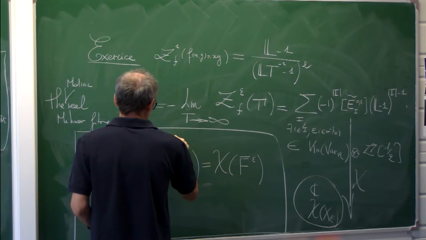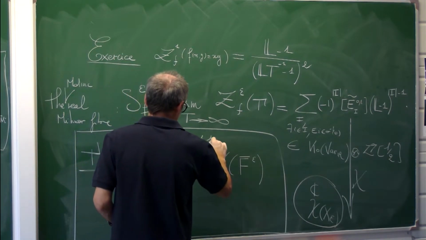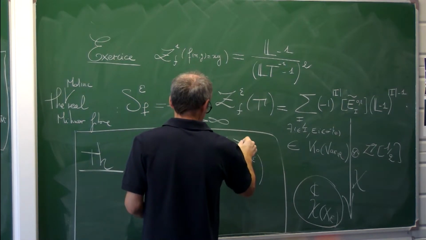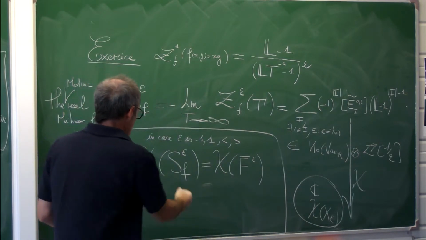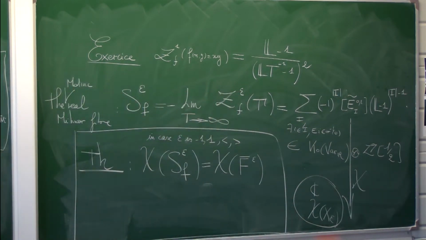So in case epsilon is -1 or 1, f epsilon, Z f epsilon is the nearby fiber, but f epsilon is the preimage of some small open interval.